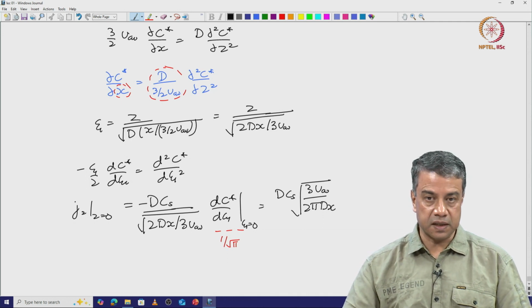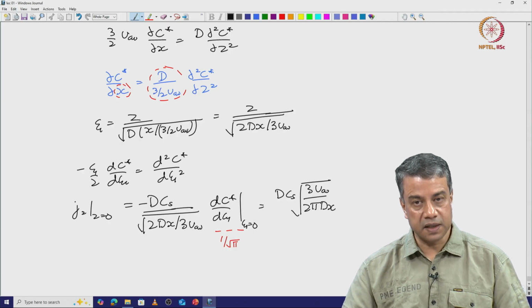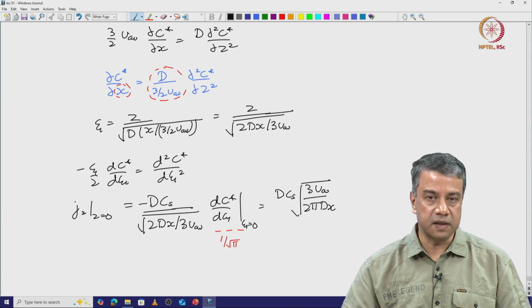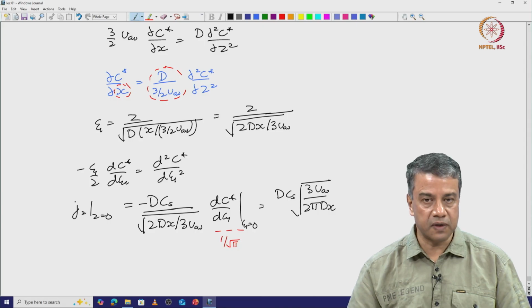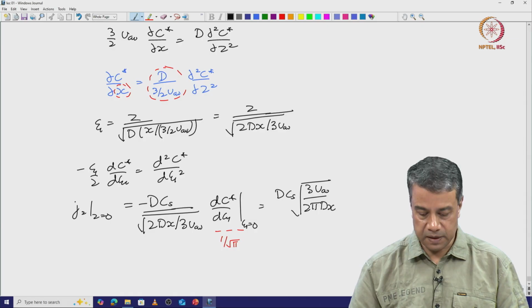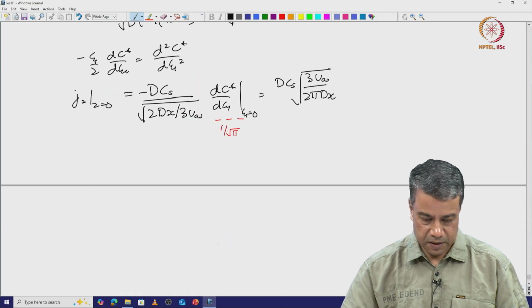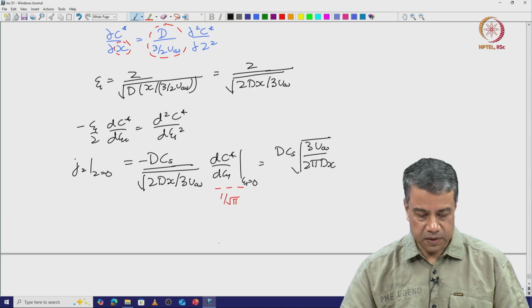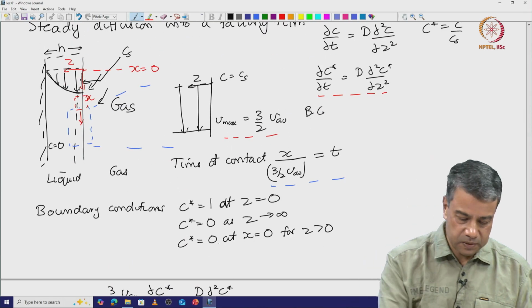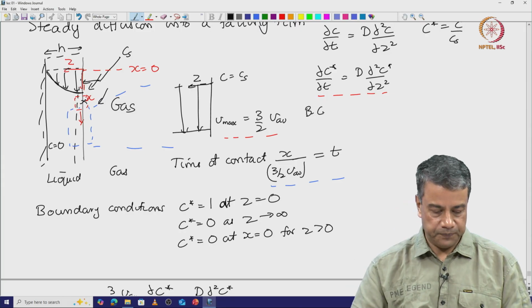Coordinates are x and z, it is not t and z, but still by the analogy that you identify the residence time, the time of contact as x by the velocity, I just get straight away the expression for the flux. So, this is the flux at a particular x location.